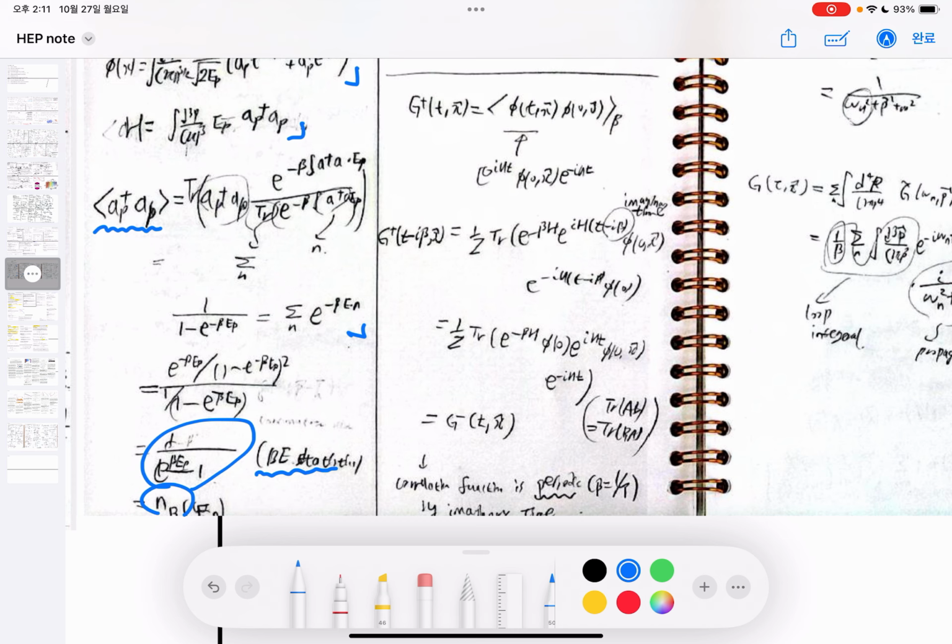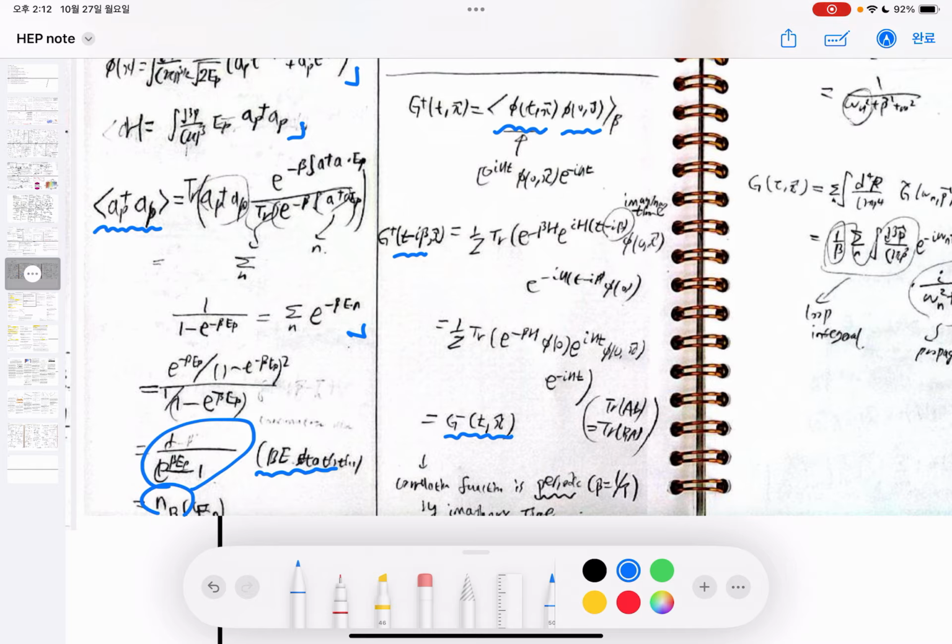And there are important identities in this thermal field theory. If we consider the time-going propagators, by considering the pi at t and x and the pi at 0 and 0, and if we insert t minus i beta instead of t, by considering the imaginary time formulation and using the identities of the twice and changing the order, this is the same as the G at the t-axis with the time going to the past.